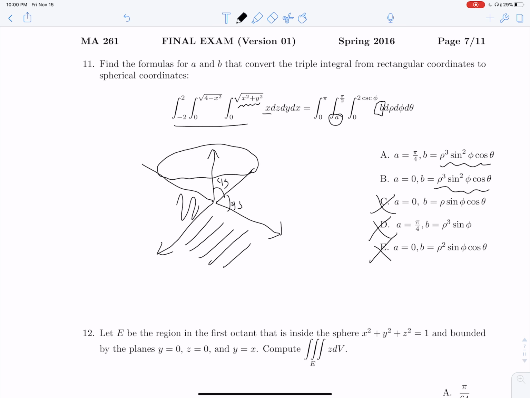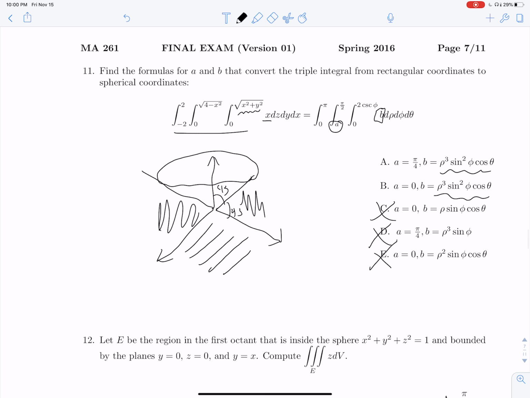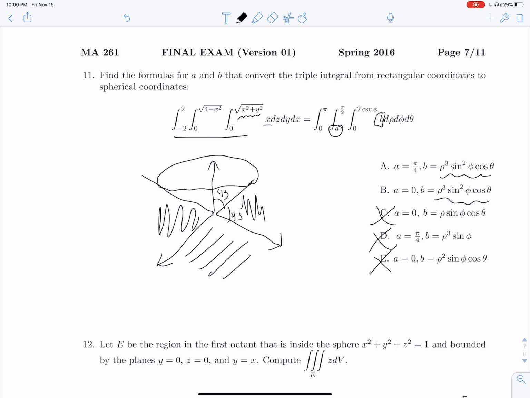And so we're actually looking at this volume in between.